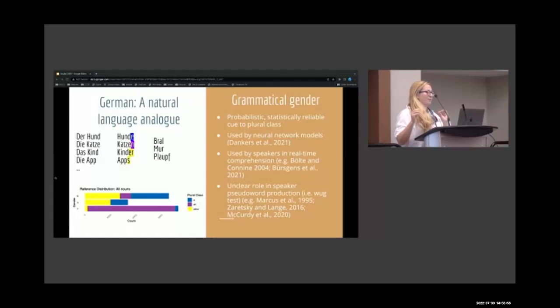So our hope here is to take the regularization lens of looking at this and see if it sheds some light on the relationship here between how grammatical gender is or isn't used by speakers.